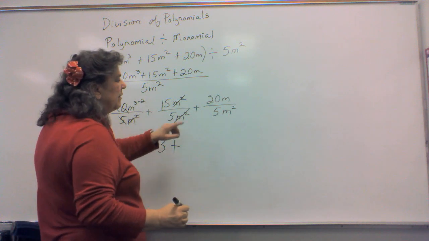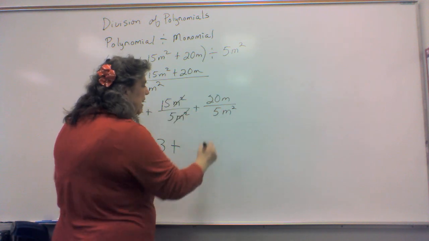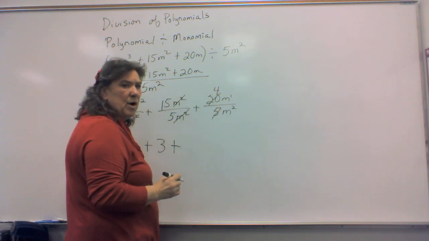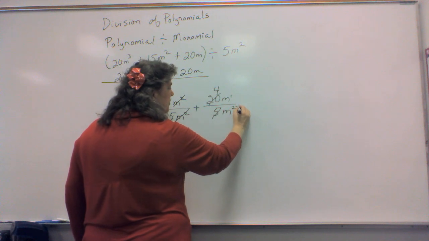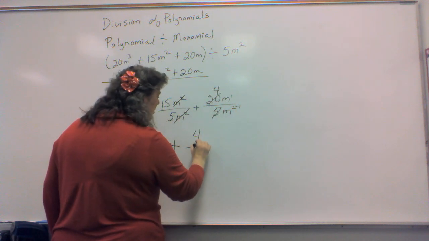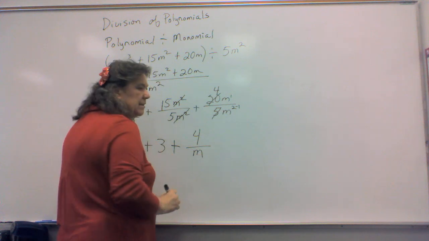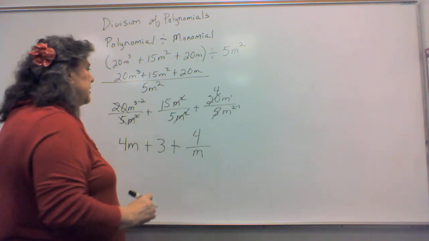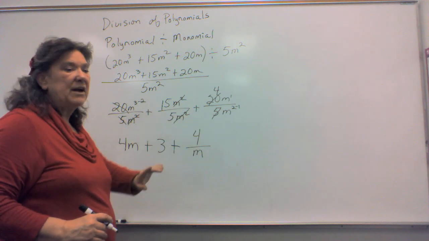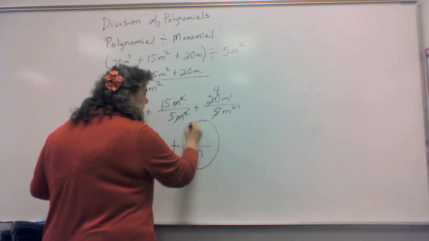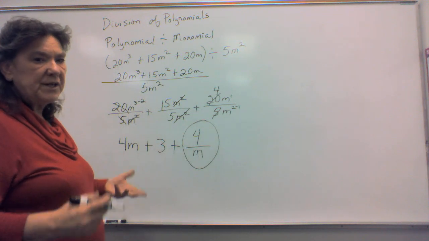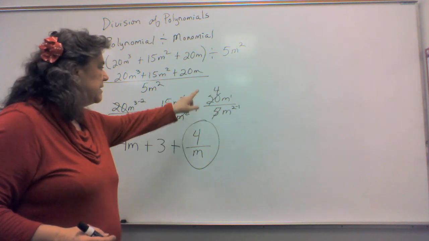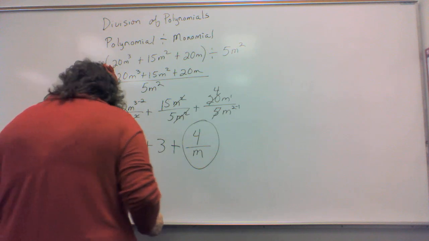Now notice here, 20 divided by 5 gives you a 4 on the top, but this numerator has 1 m and this one has 2. So 2 minus 1 is going to give you 4 in the numerator and m in the denominator, because 2 minus 1 is 1 for your denominator. So this is why we divide it into separate fractions. It's in case you get things like this. Because if you try to do it with long division, this is a lot harder to see. But in this style, it's really easy to see.